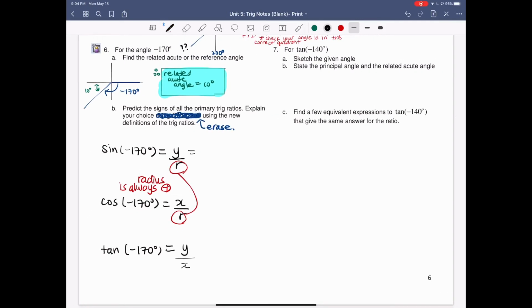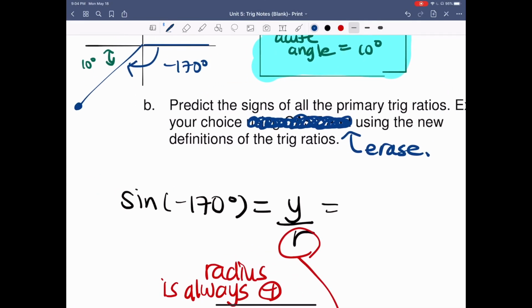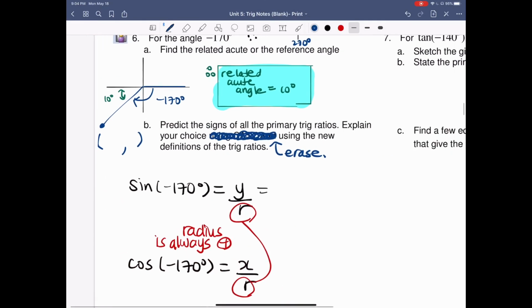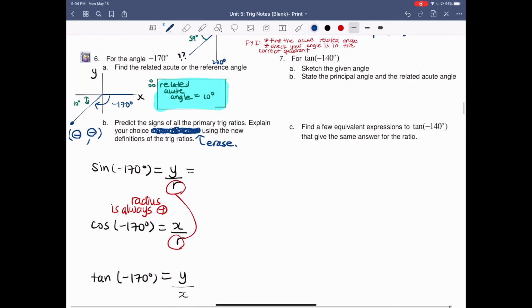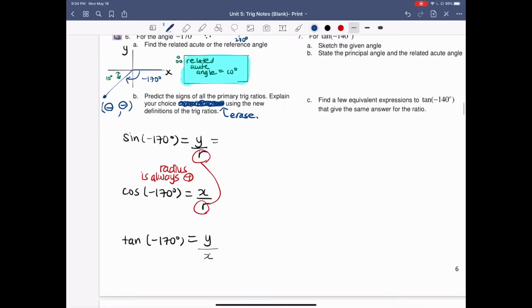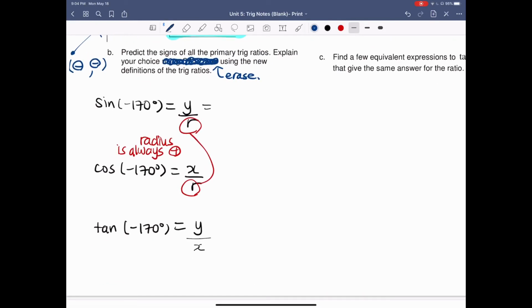Let's take a look at that coordinate. So doing a really rough x and y, well, my x value will be a negative there, and my y value will also be a negative there. So do you see that? If it was like negative 5, comma negative 5, it doesn't really matter what that value is because we're dealing with just a sign. And so I have, well, my y is negative, and my radius has to be positive.